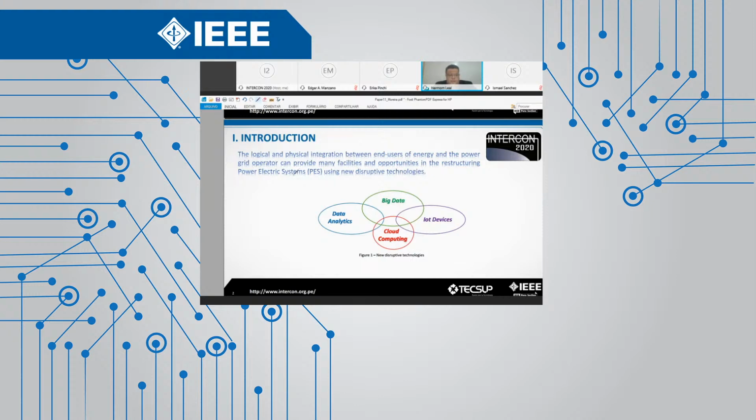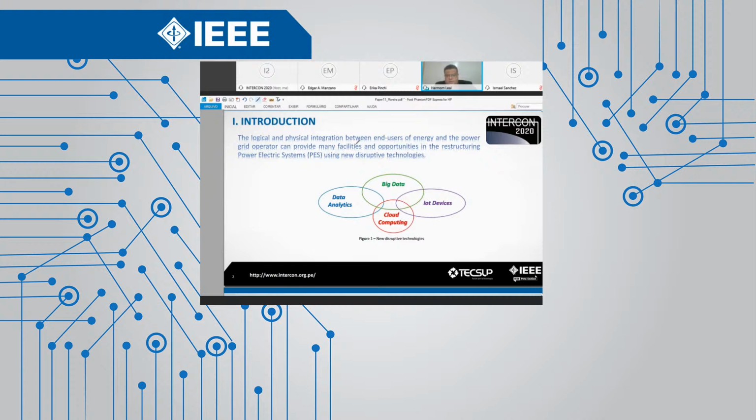In this introduction, I would like to present that the physical integration between end users of energy, or consumers, and the power grid operator can provide many facilities and opportunities to restructure the electric power system using technologies like data analytics, big data, IoT devices, cloud computing, and other new technologies.